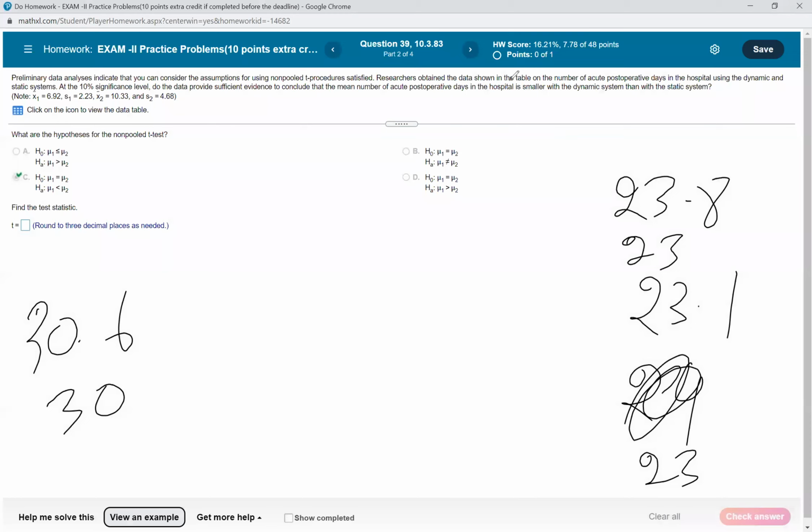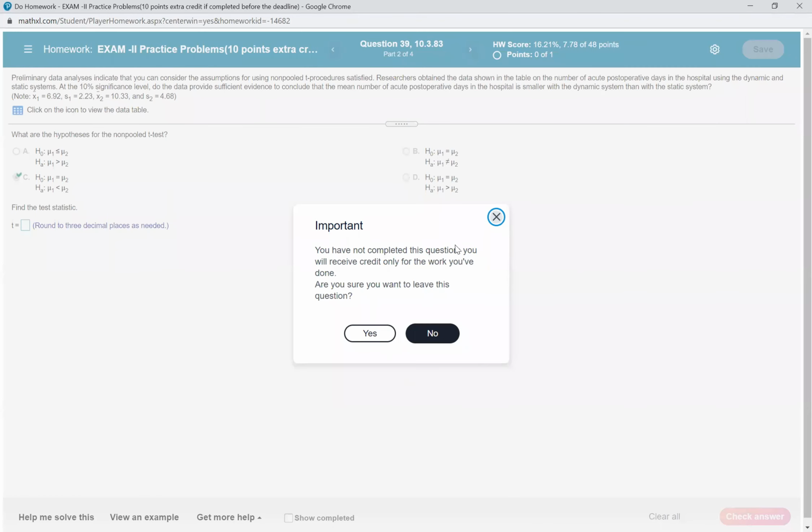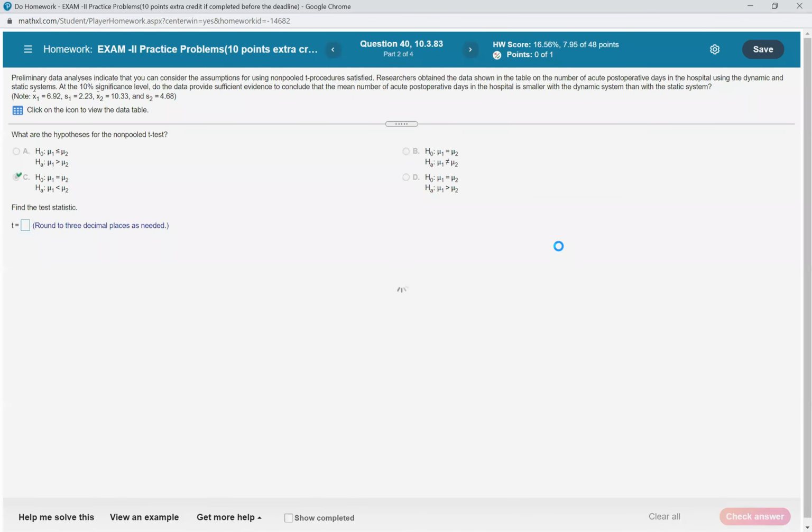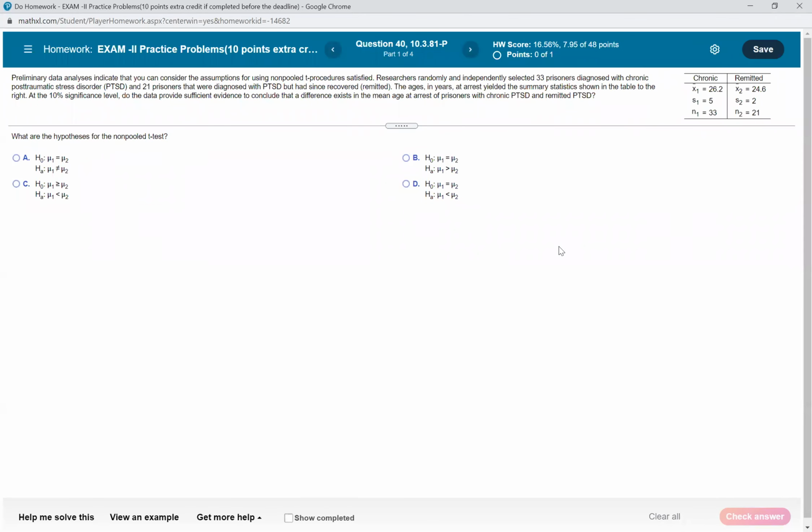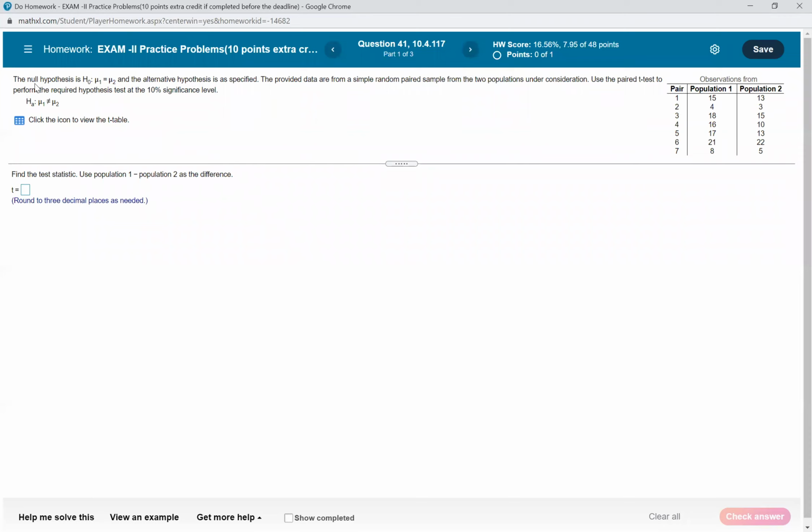Okay, so let me clear the drawings first. So what are the hypotheses for that? This is a non-pooled test. This is also a similar problem, so I'm not going to solve this one. And this is mu1 not equal to mu2, so this is a two-tailed test.